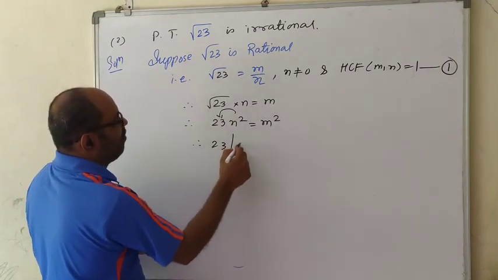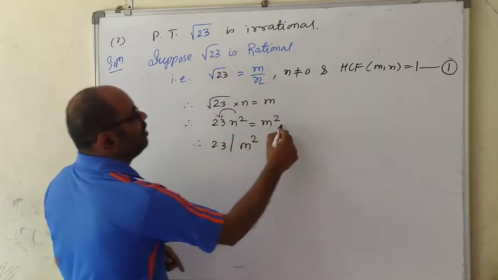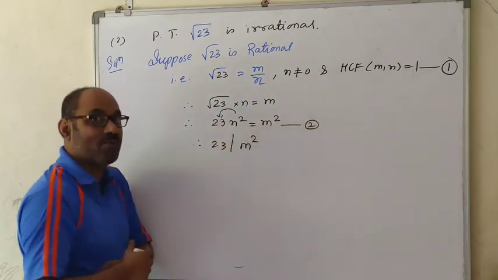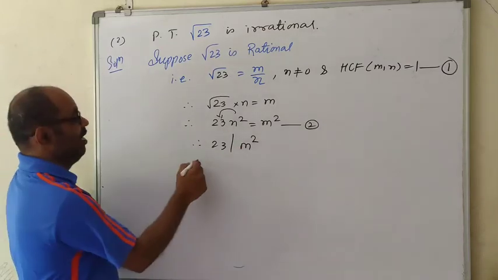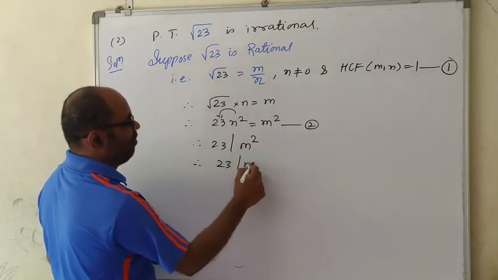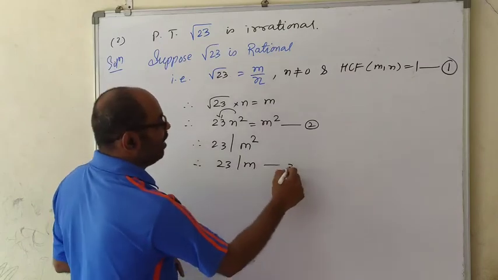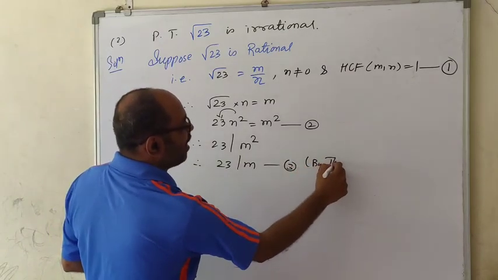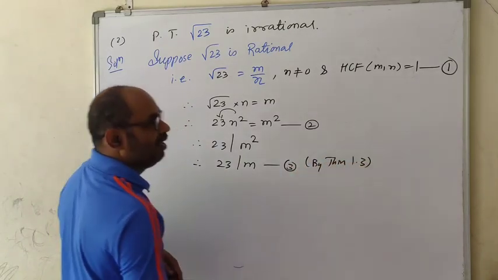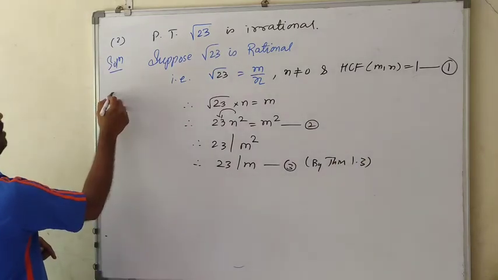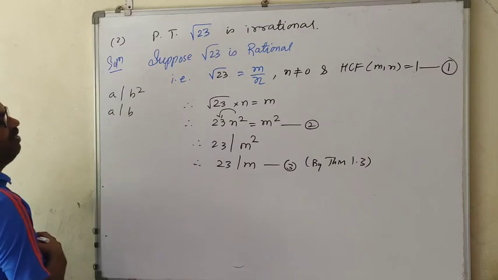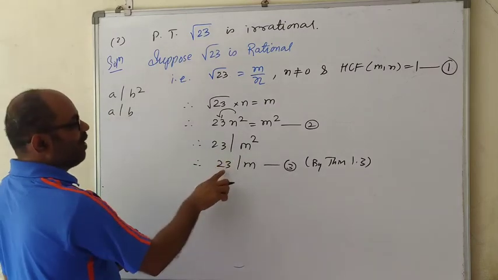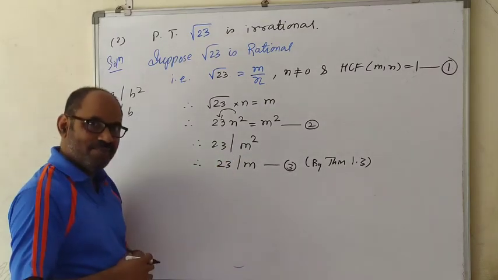Therefore 23 divides M square. We call this result 2. If 23 divides M square, then 23 divides M. Result 3 by theorem 1.3. What was theorem 1.3? If A divides B square, then A divides B. Why? 23 divides M square, then 23 divides M.